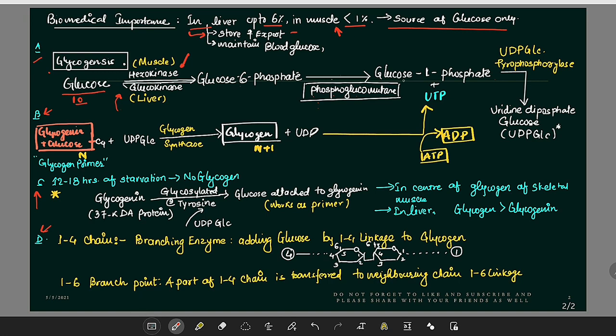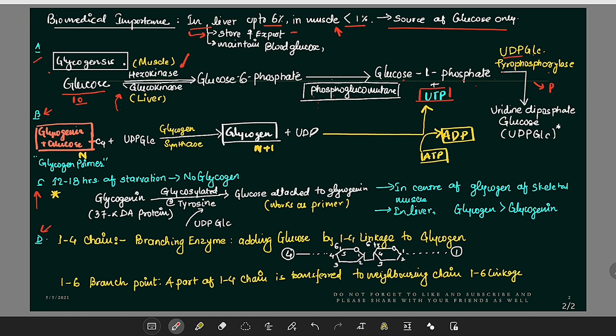Once glucose 1 phosphate has been synthesized, a unique nucleotide molecule, UTP, uridine triphosphate, binds with the glucose 1 phosphate and reacts with it, producing UDP glucose with the help of the enzyme UDP glucose pyrophosphorylase.